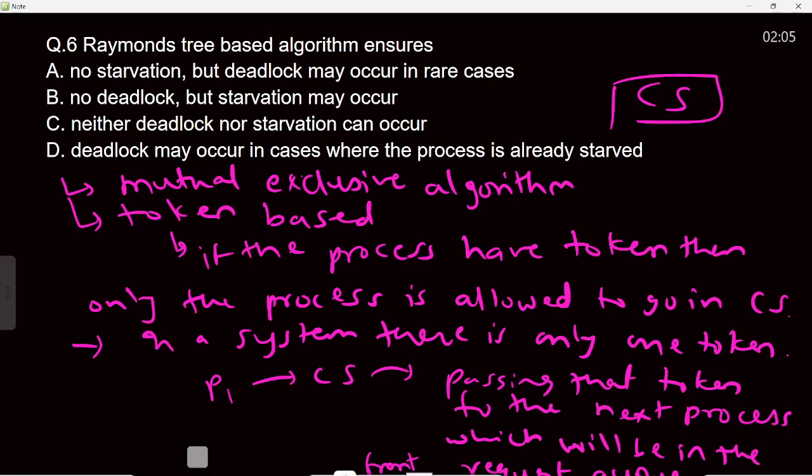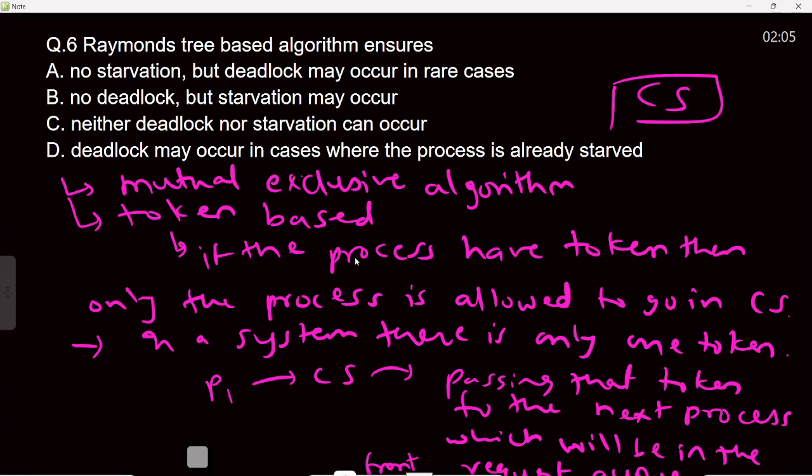Now due to this there is no problem of deadlock. Okay, there will be no problem of deadlock because the token will be allocated to one of the processes. But there is one more problem. That problem will be of starvation.